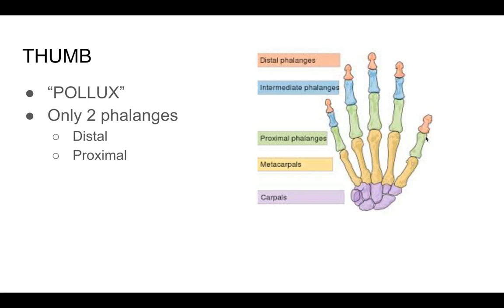And so your thumb actually only has 2 sections, 2 regions, and we just use the words proximal and distal for the 2 bones in the thumb. And a new word for the thumb: the thumb can also be called the pollux. So keep that in mind.